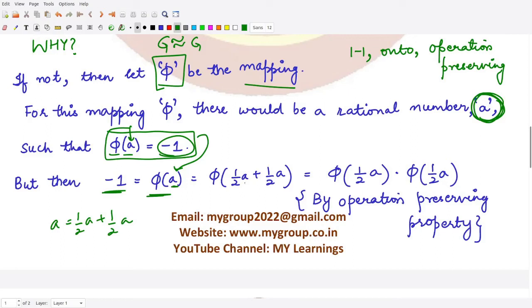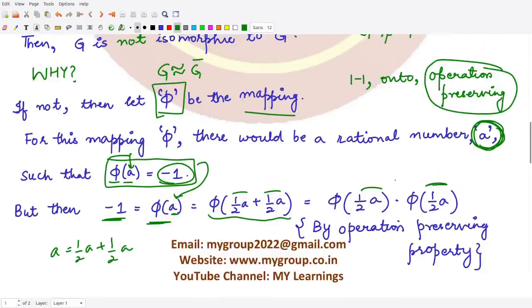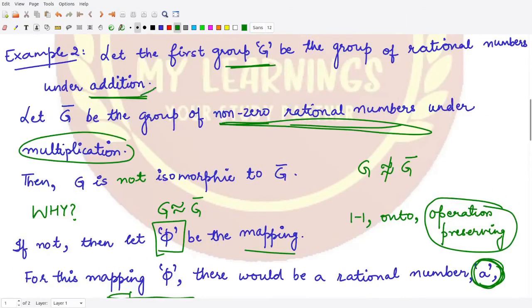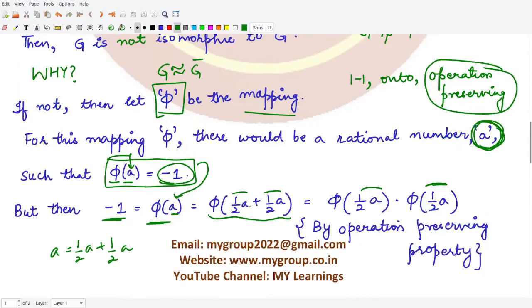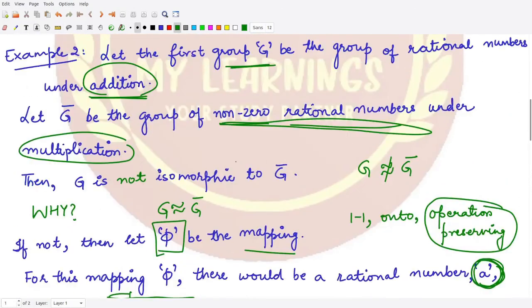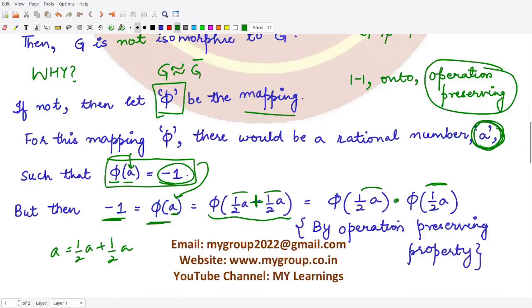Now because we are assuming that we have an isomorphism, we also have the operation preserving property. So therefore phi of A plus B would be equal to phi of the first thing multiplied with phi of the second thing, right? Because the first operation is addition, we have the sign of plus here, and the second operation is multiplication, so we have the sign of multiplication between these two entities.